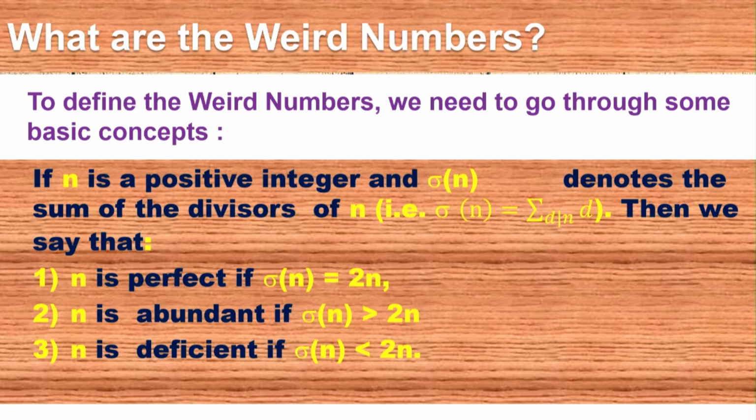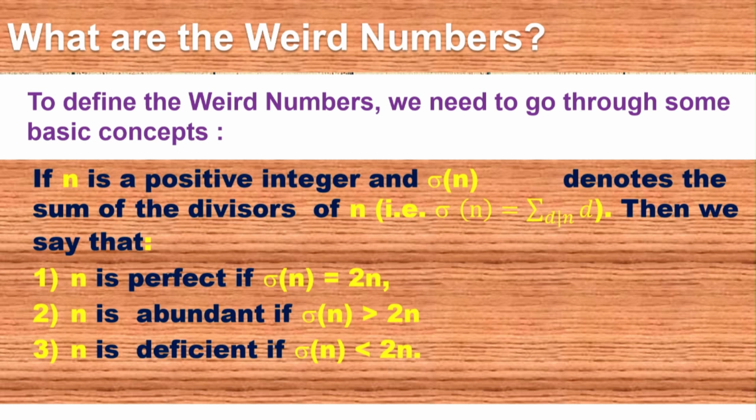Then, if n is a positive integer, we define an arithmetical function called sigma of n, denoting the sum of the divisors of n, i.e., sigma of n is the sum of d over all divisors d of n. If sigma of n equals 2n, we call the number n perfect.